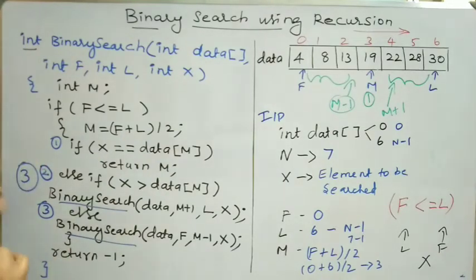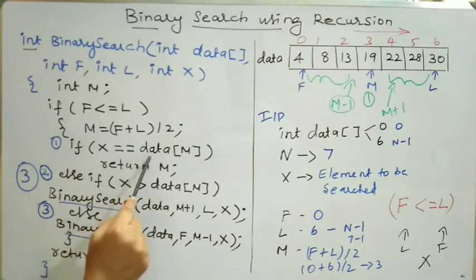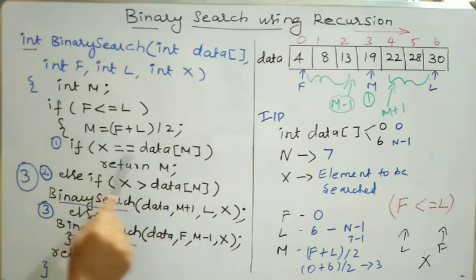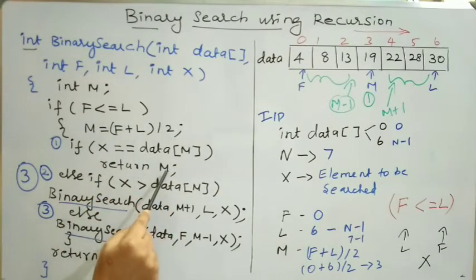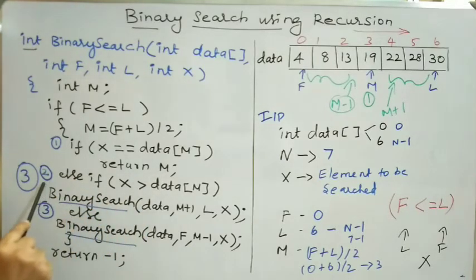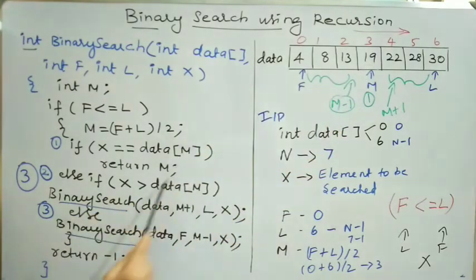In the binary search operation, I am going to check for 3 different conditions. The first condition is whether the value I am looking for is the element in the middle index position m of this data array. If it is so, I am going to return the value m, the index position where I find this element. Otherwise, I go to the second condition. The second condition is that the value I am looking for is greater than the element in the middle index position m.